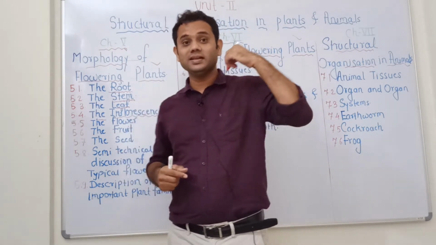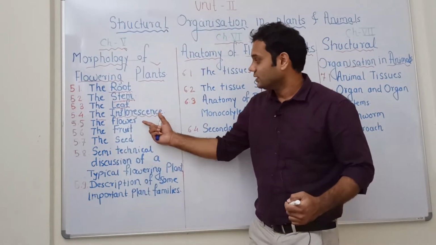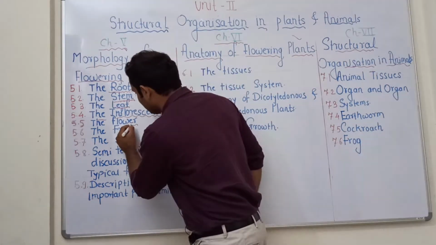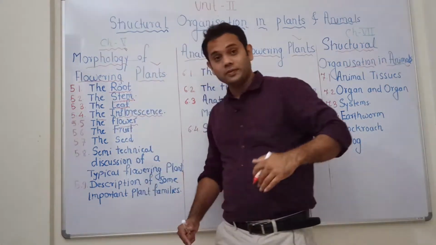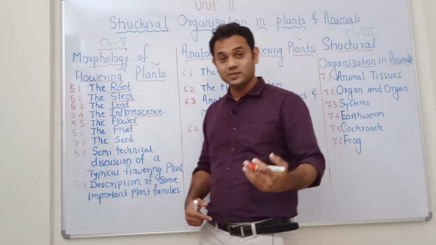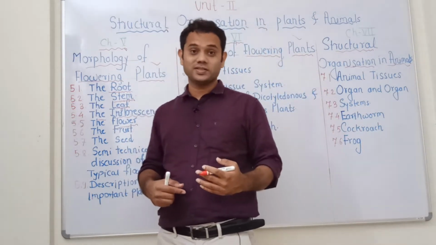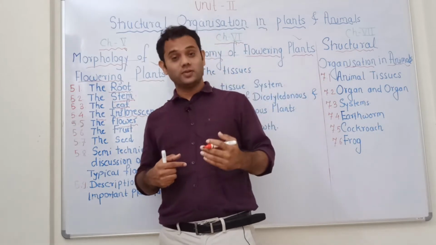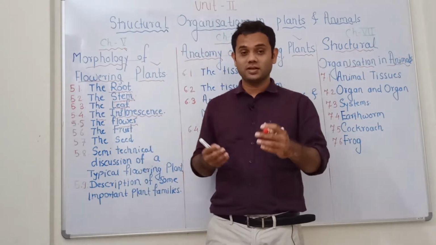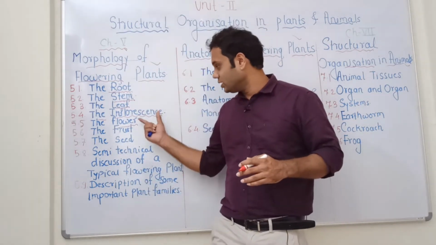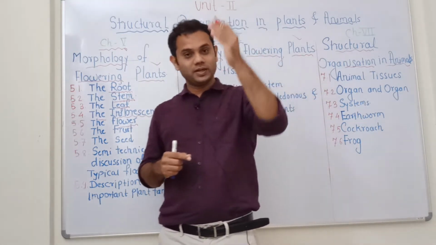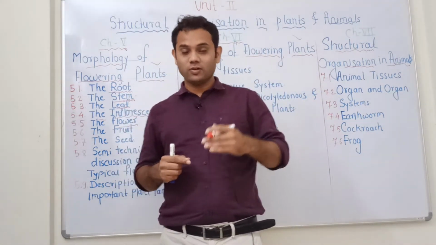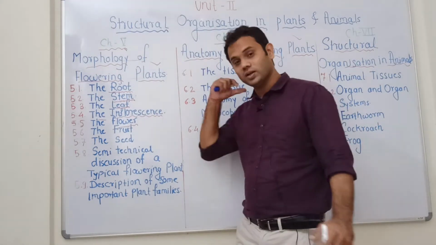That is called the inflorescence. Different types of inflorescence are there. What is racemose inflorescence? What is cymose inflorescence? There are even special types of inflorescence. How the flowers are arranged on a particular axis, called the peduncle, that is the inflorescence axis.